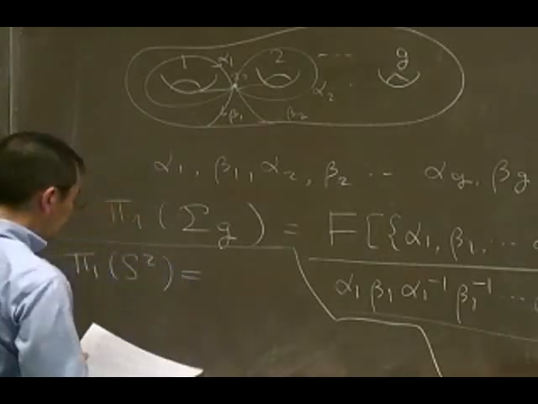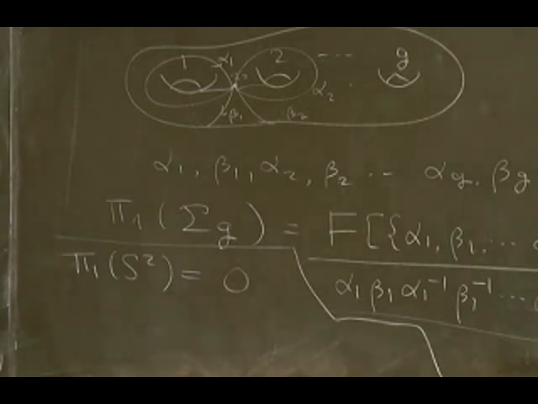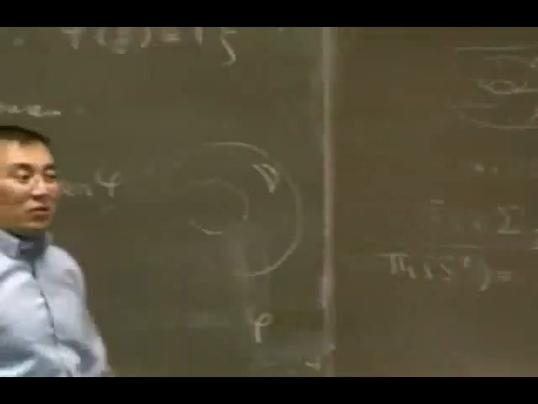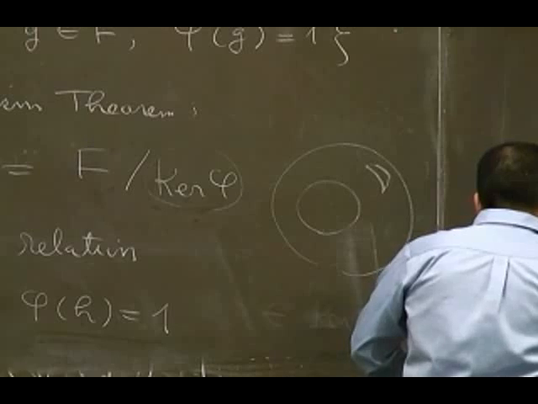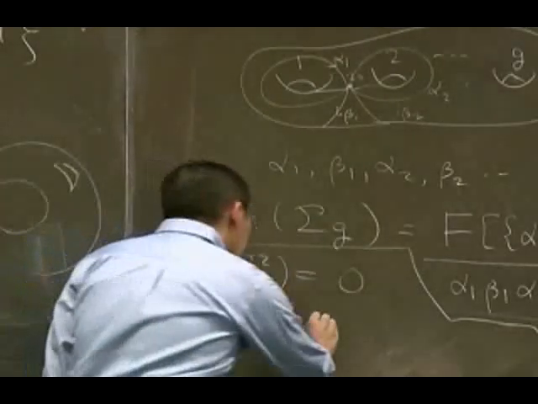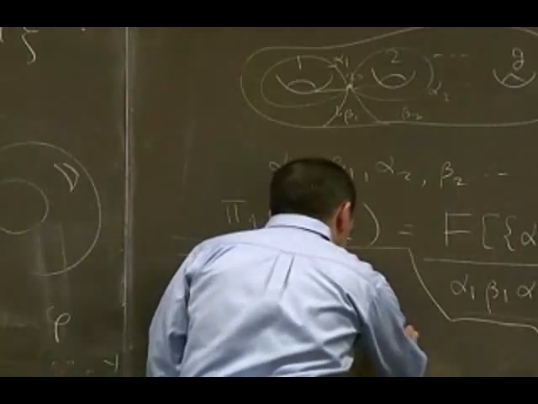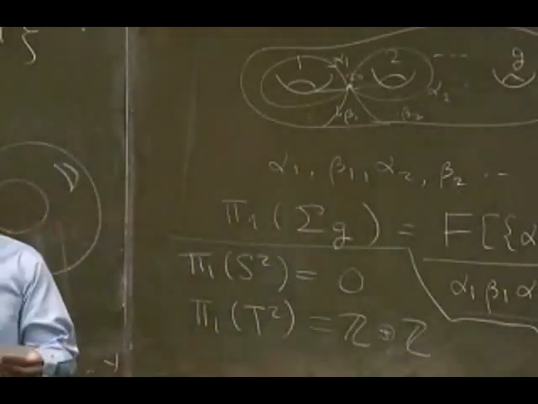Sometimes it's denoted as 1, sometimes it's denoted as 0. So it's trivial, because if you have a sphere and a loop, you can always shrink that loop to a point. Pi 1 of the two-dimensional torus, which is denoted T2, is Z plus Z. So you have two generators, and they commute with each other.